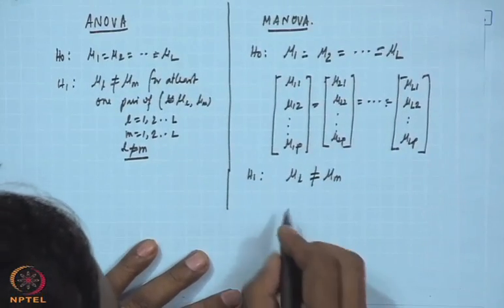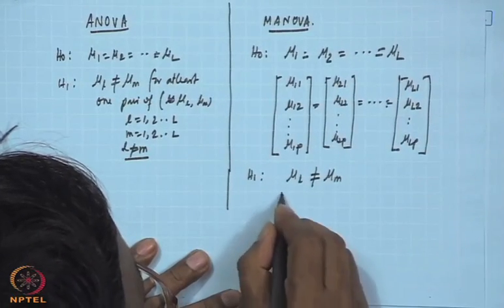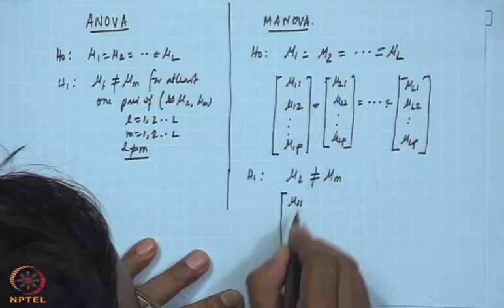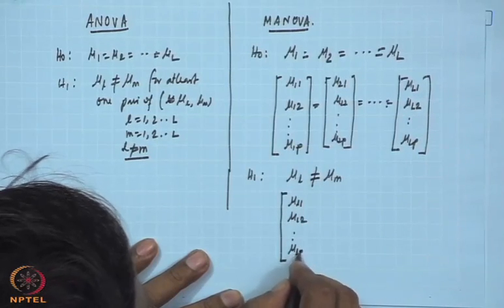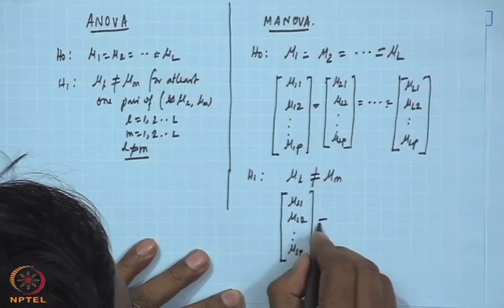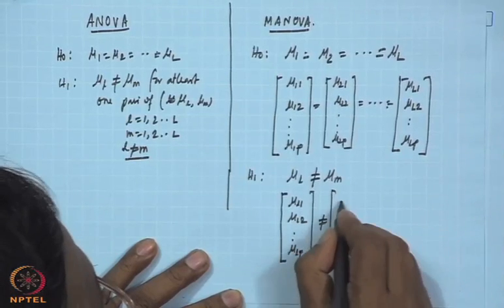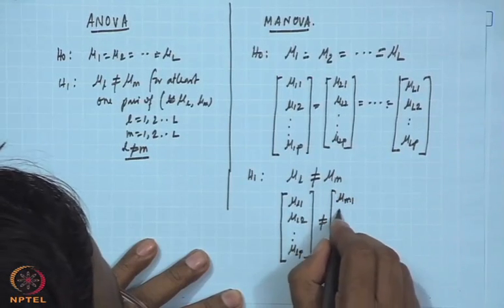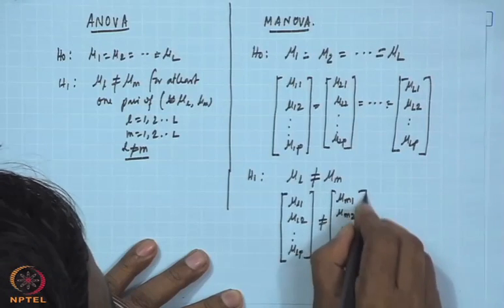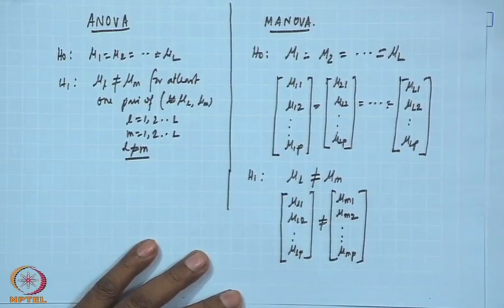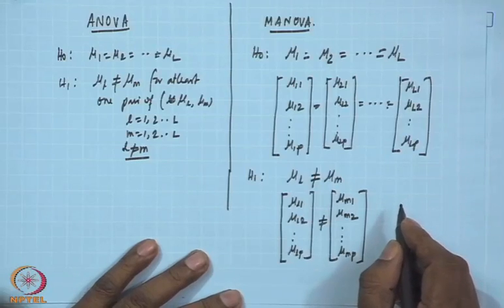By saying this, you are saying that mu L 1, mu L 2, mu L p is not equal to mu m 1, mu m 2, for at least one pair of L, M.